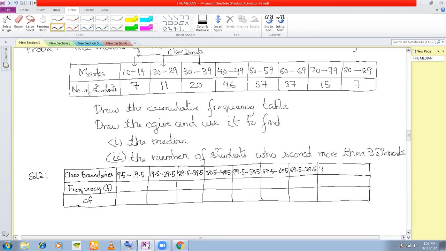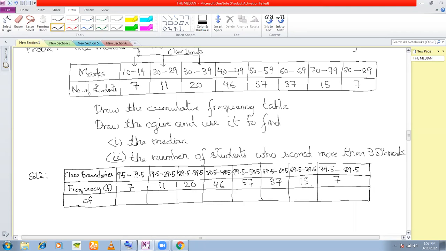And finally you have 79.5 to 89.5. So all the class limits have first been converted to class boundaries. Now write down the corresponding frequencies. The corresponding frequencies as they are given: 7, 11, 20, 46, 57, 37, 15, and 7.